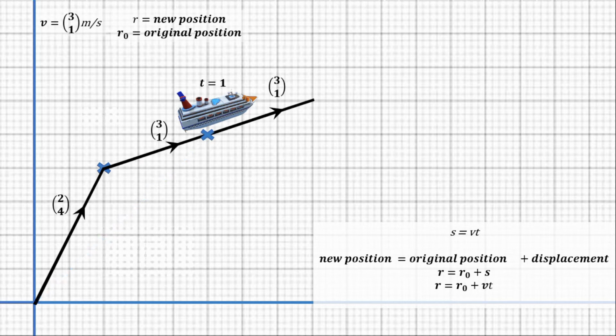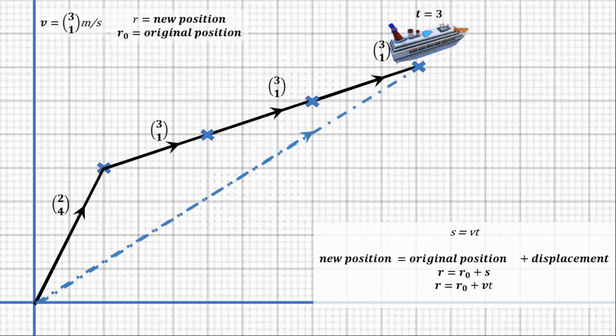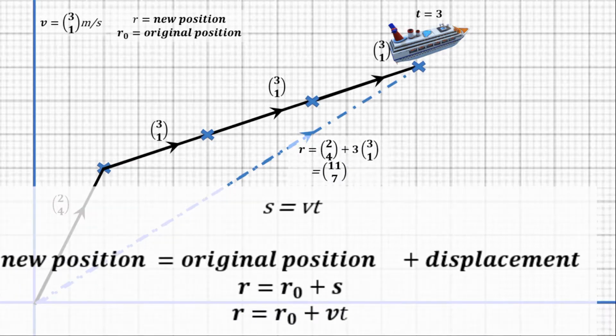It's going to be the original position vector plus 2 times the velocity, since it's moved with that velocity for 2 seconds. And it follows for 3 seconds as well. In general, the new position vector is the original position vector plus the displacement.